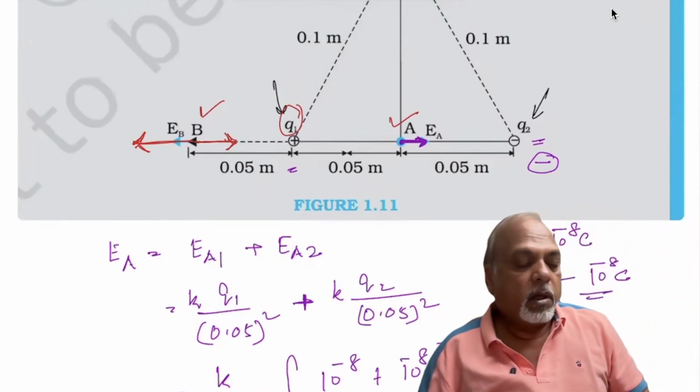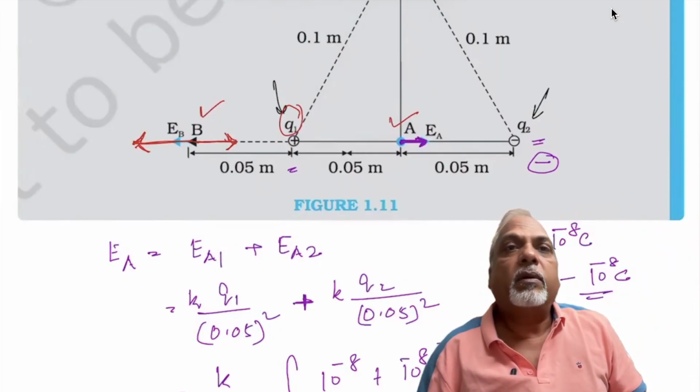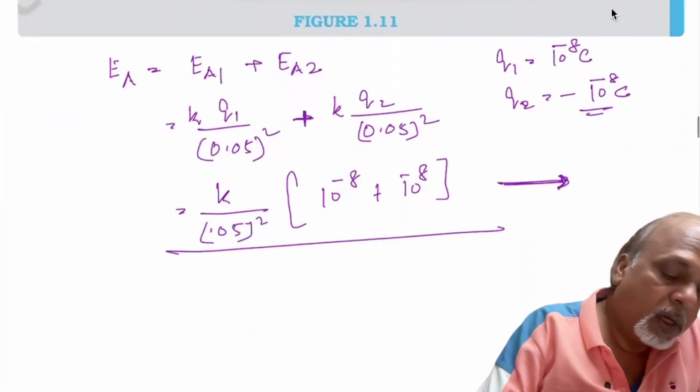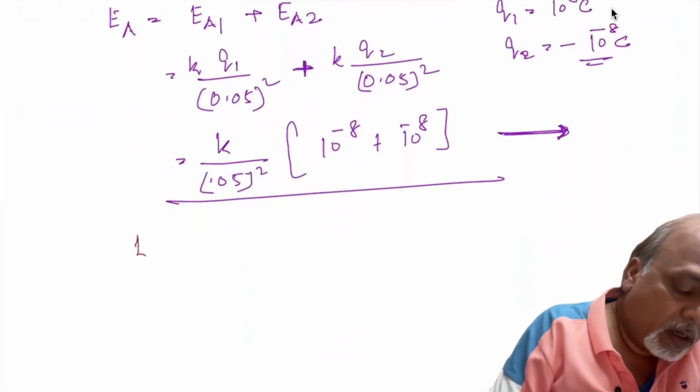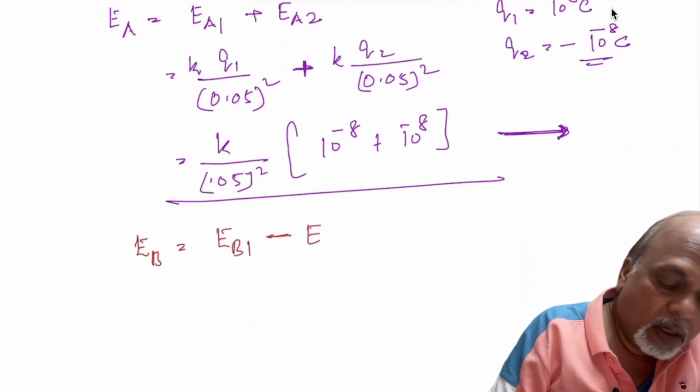Correct? So it will be the vectorial sum of this. Means EB will be EB1 minus EB2.